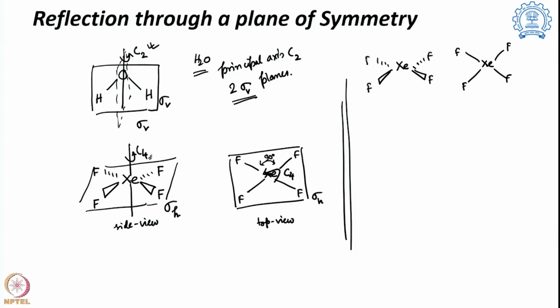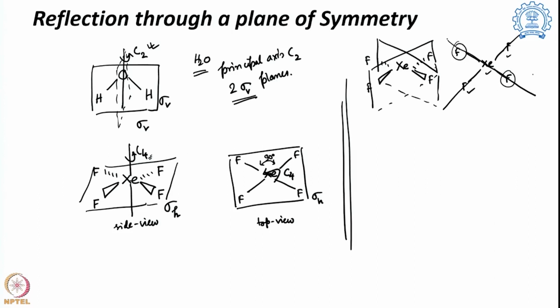Now you can see there are other sigma planes also present, going through the opposing fluorines. One is this particular plane, another is this particular plane. Each of them contains one fluorine, one xenon and one fluorine, and the other two fluorines will be reflected, and vice versa.